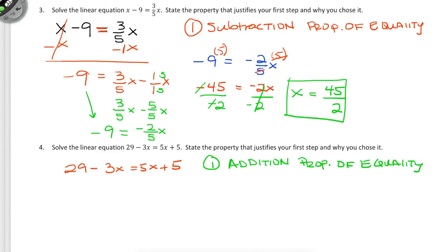And the reason I'm going to add is because I'm going to move this 3x again to pair it up with its other x over here.